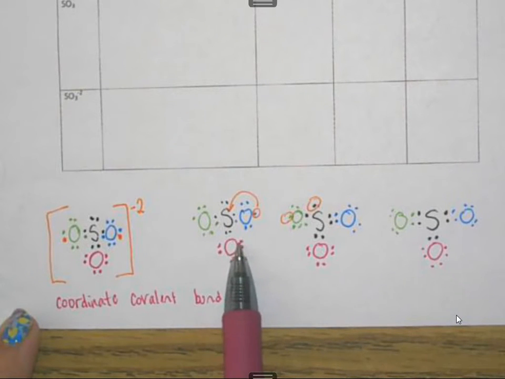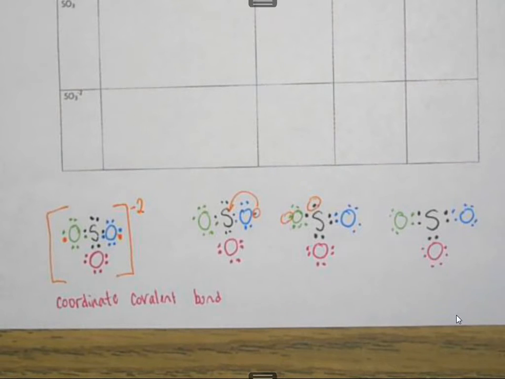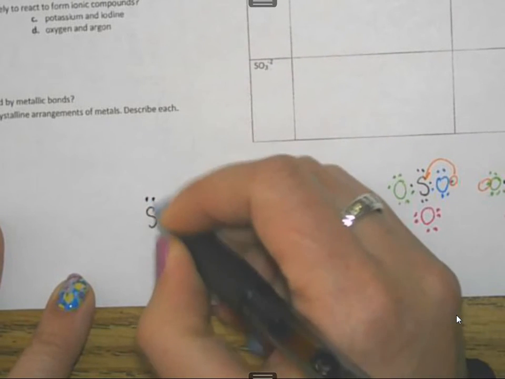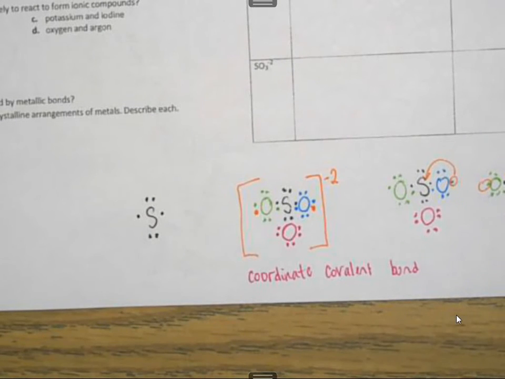If sulfur's happy but the other things aren't, what you need to do is redo your sulfur. Go back to its original sulfurness, like this. Got that? Okay, and we're going to try to make 2 coordinate covalent bonds this time instead of 1. Are you following what I'm proposing?